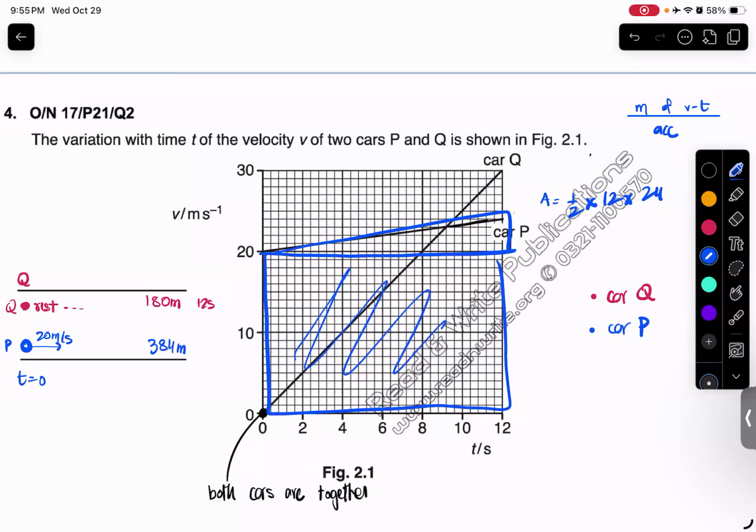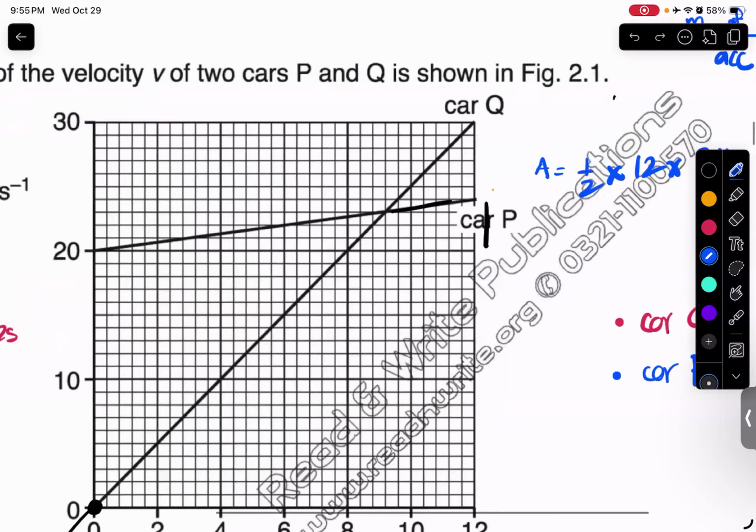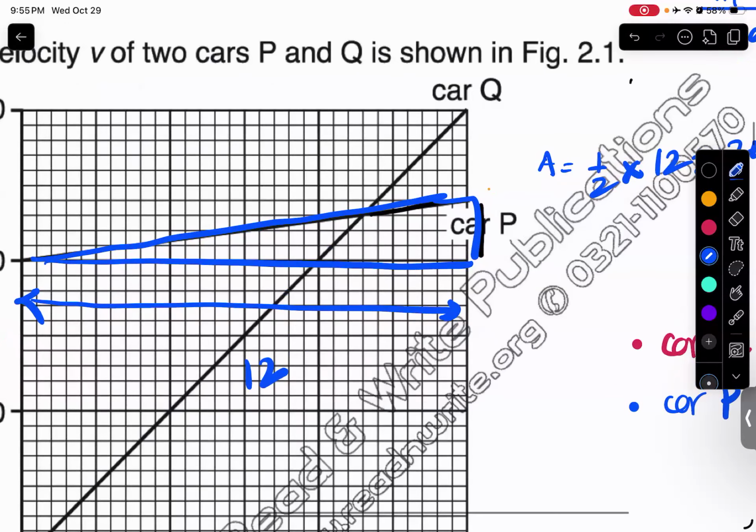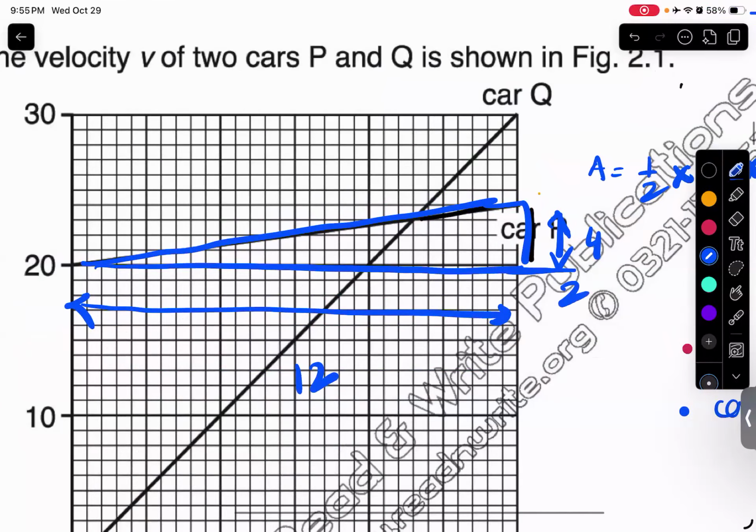I calculated the rectangle right, but I calculated the base and height of the small triangle a little wrong, because this was the base of the triangle, which was 12, and the height of the triangle was actually 4, because this point is 21 and this point is 24.